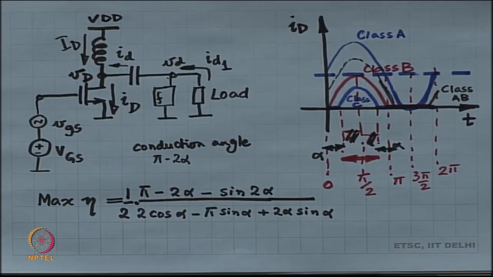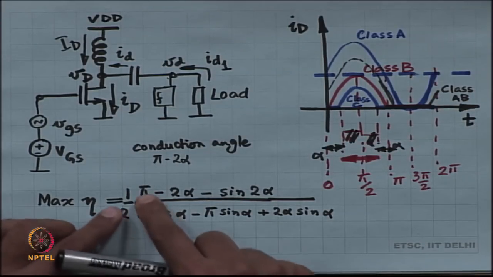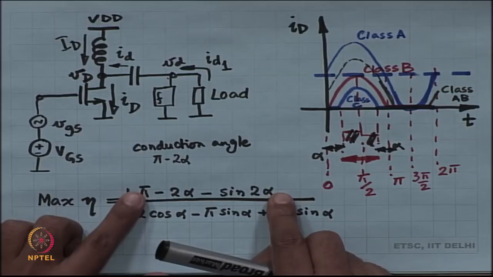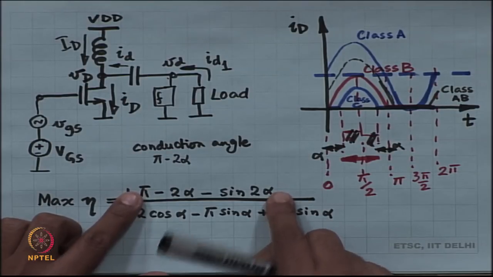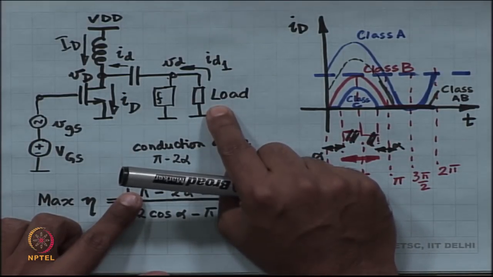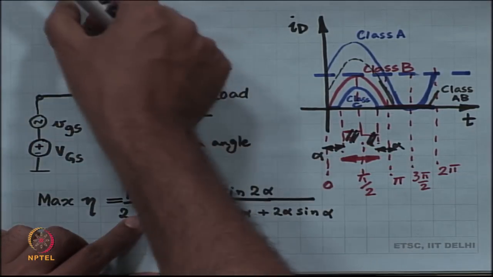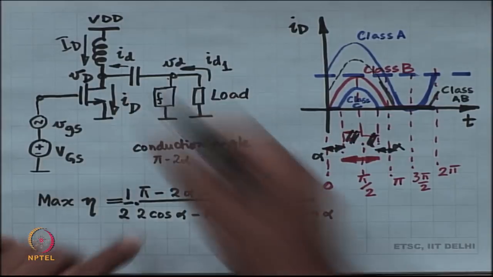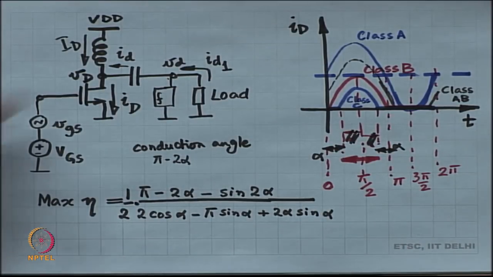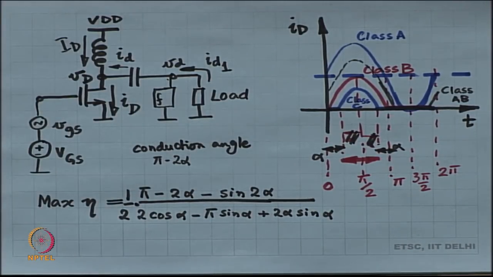And the reason why this is happening is because, remember, the quantity in the numerator is related to the power delivered to the load, and the quantity in the denominator is related to the power absorbed from the voltage source VDD.